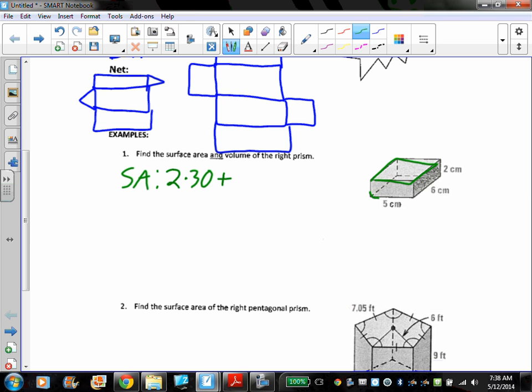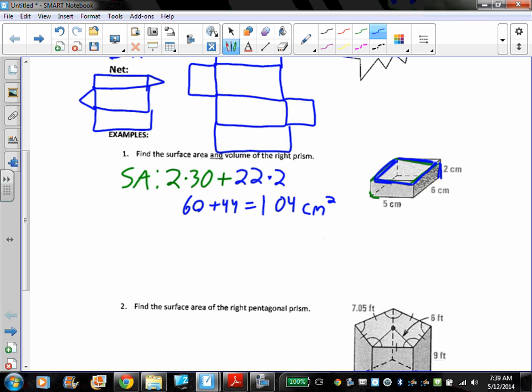Well, the perimeter is going to be this 5 and this 5, and this 6 and this 6, the perimeter of the base. So that's 5 plus 5 plus 6 plus 6, that's 22. And we have to multiply by the height of the prism, which in this case is 2. So that gives me 60 plus 44, which gives me 104 centimeters.